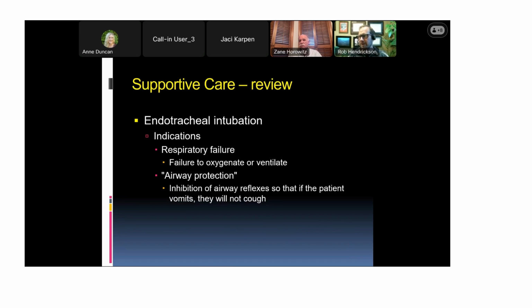So you would intubate that person because they're going to be intubated at some point in the next 2 days for sure. Even if they don't meet all these criteria, we know that they're going to be intubated, so you might as well do it now when they're not hypotensive and not hypoxemic and all of those things.